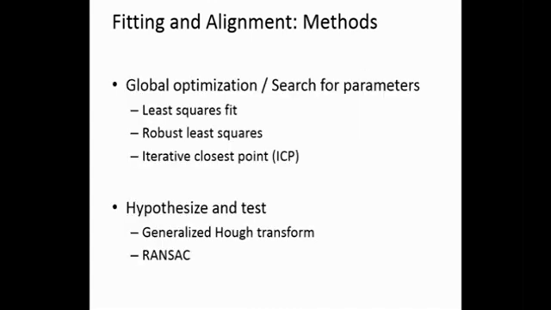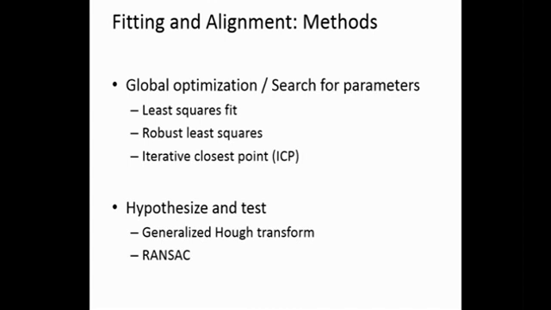I'm going to talk about several different methods. It's kind of a survey of your tool set for fitting and alignment. I'm going to use line fitting as an example, but these methods will also pop up throughout the semester because they're used for photo stitching to create panoramas. They're used for structure from motion. They're used for object instance recognition.